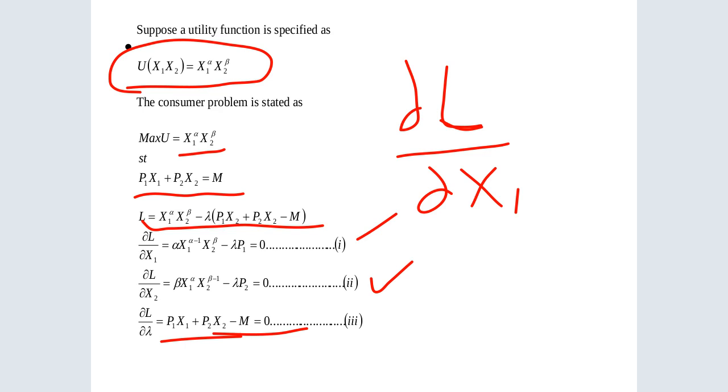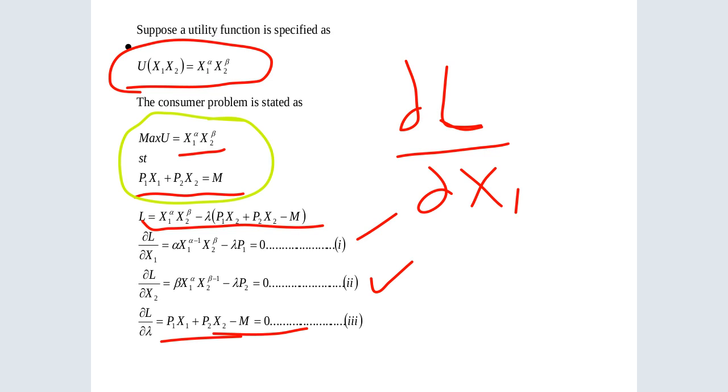And the consumer problem is derived as a utility maximizing problem subject to the budget constraint. This part here simply shows the consumer problem where utility is maximized subject to the budget constraint.